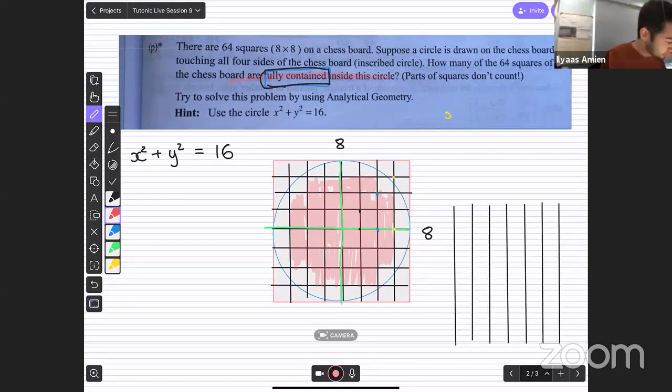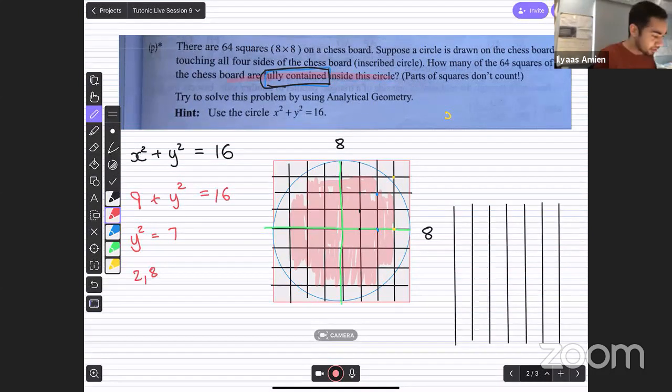So it's going to be 9 plus y squared equals 16, right? So y squared equals 7. What's the square root of 7? It's going to be 2.8 or something.